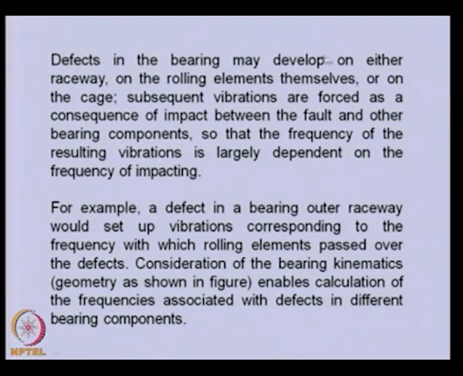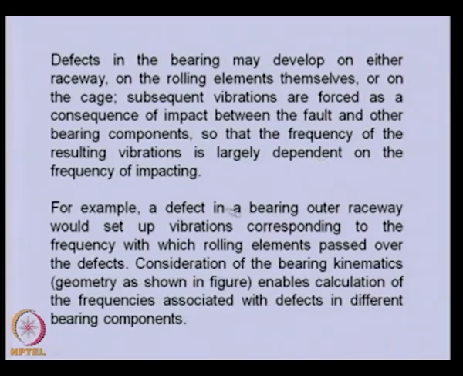Defects in the bearing may develop on either raceway, on the rolling elements themselves, or on the cage. Subsequent vibrations are forced as a consequence of impact between the fault and the bearing components, so that the frequency of the resulting vibration is largely dependent on the frequency of impacting.